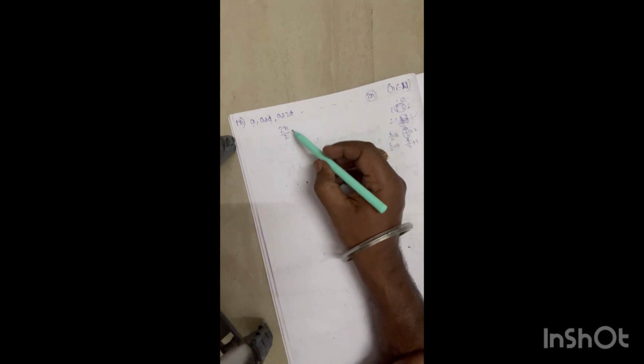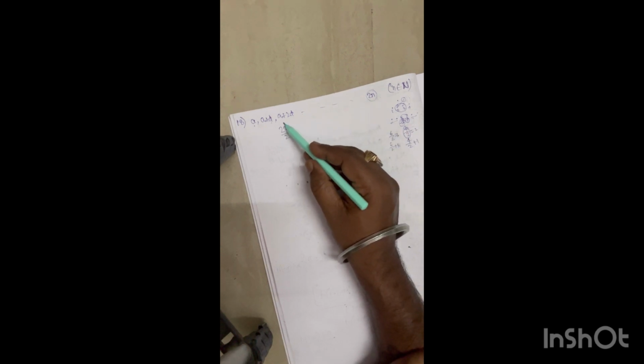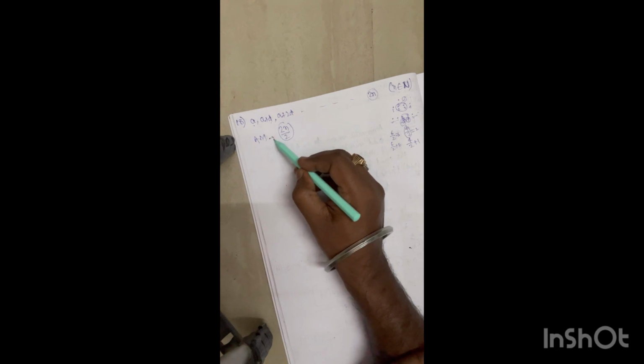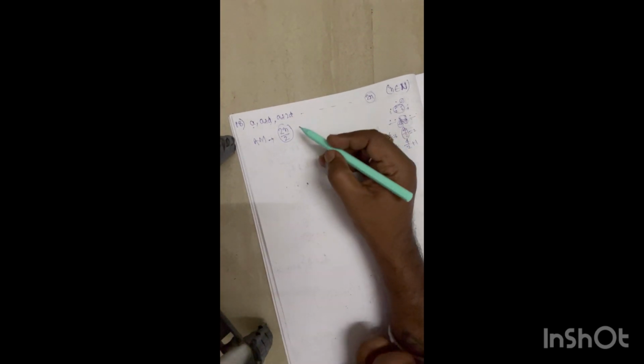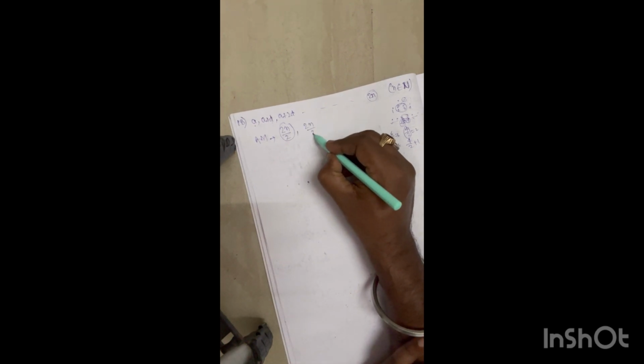So for a series having 2n terms, the first arithmetic mean is the term 2n by 2, and the next is 2n by 2 plus 1.